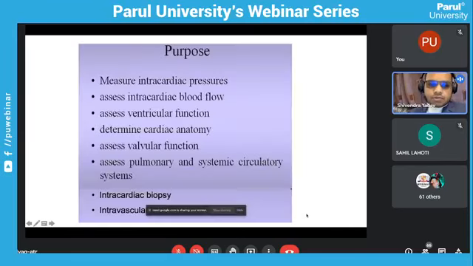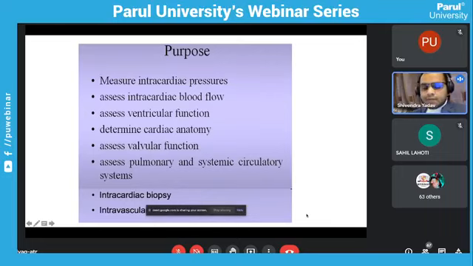So those are various roles. Now, what is the purpose of this? We measure intracardiac pressure, and we assess intracardiac blood flow, how blood is moving from one place to another, by calculating the oxygen saturation. Then we assess ventricular function.